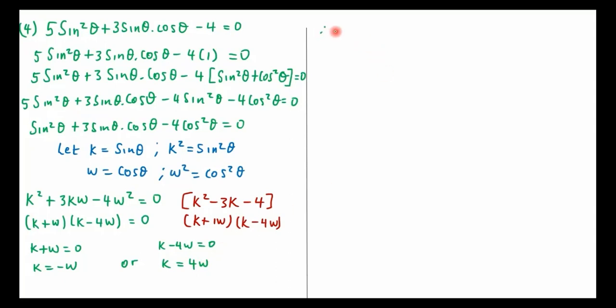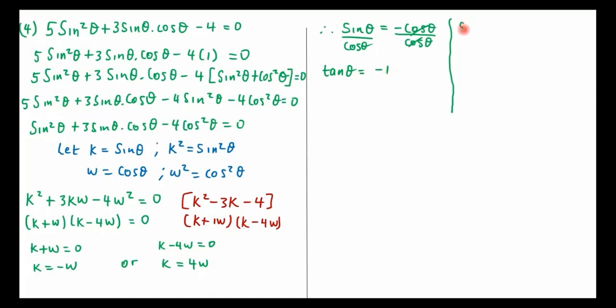Now, what is k? k is sine theta. So for the first part, sine theta equals minus cos theta. Now if you remember this, we did have something like that earlier on. We said that when we have sine and cos, we need to change that into tan, which means we do that by dividing by cos on both sides. This cancels with that, and then we have tan theta as minus 1.